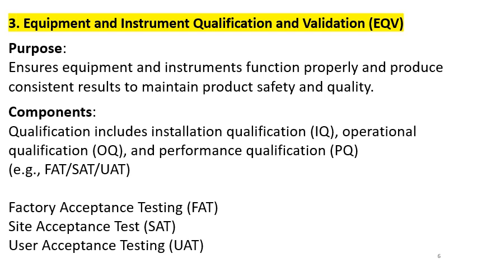This also involves terminologies and work like FAT, SAT, and UAT. FAT means factory acceptance testing, SAT means site acceptance testing, and UAT means user acceptance testing. So FAT, SAT, UAT, then IQ, OQ, PQ, these all are the qualification areas which support the validation activities.